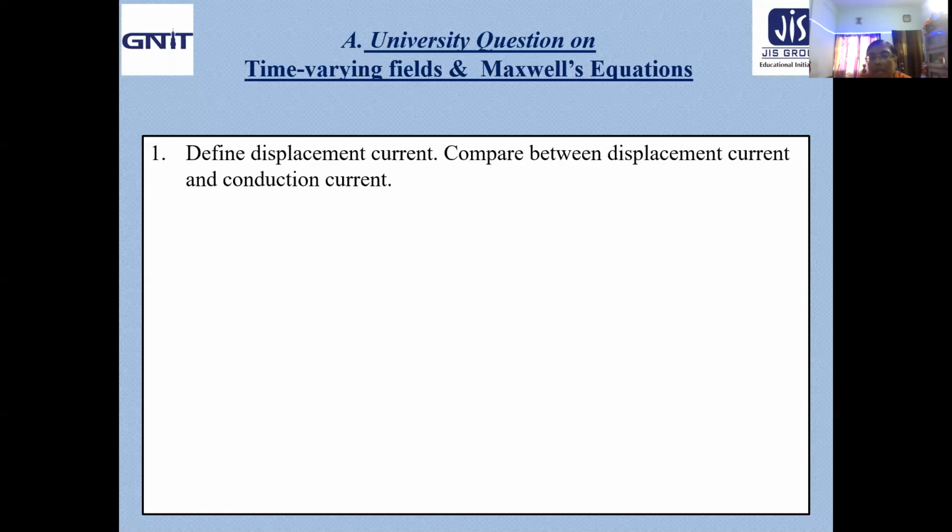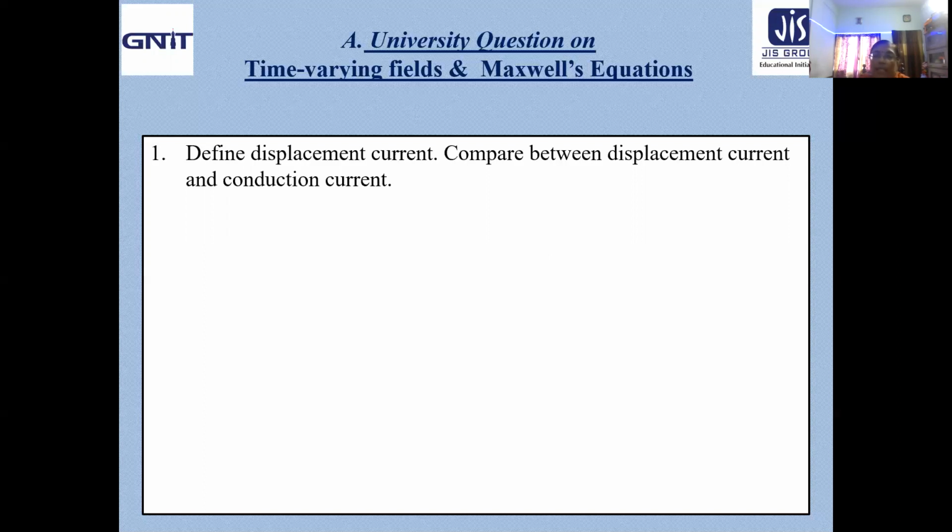Next point: since J equal to sigma into E, conductivity is included. That means the conduction current is associated with the conduction of charge carriers, more specifically the electrons inside a good conductor, because conductivity comes in. And what about the displacement current? It is not at all associated with the motion of charge carriers.